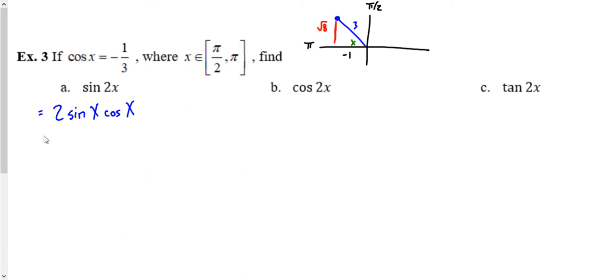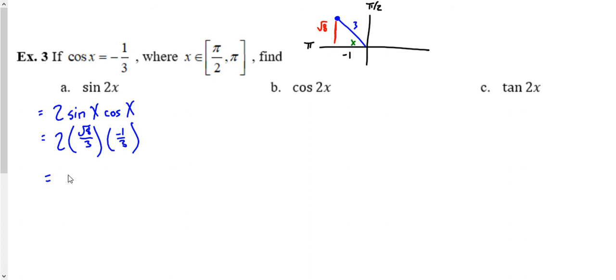From here, I'm gonna write down 2. 2 is just a number. Sine x, well, from this picture here, sine is opposite over hypotenuse, so sine x is root 8 over 3. Cos x, negative 1 over 3. From here, let's clean this up and try our best to evaluate.